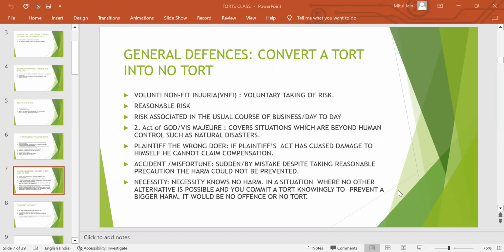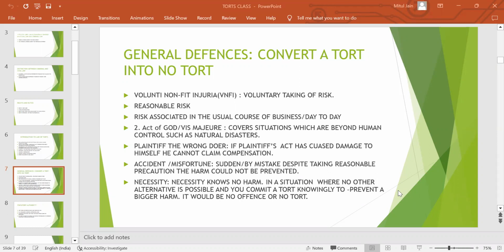The one जिसका legal right violate हुआ है. Right. The person whose legal right is violated. So if a person himself is responsible for violation of his own legal right, then can he blame someone else? The answer is a clear no. So that is the reason why plaintiff the wrongdoer. So if plaintiff's act has caused damage to himself, then he cannot claim compensation.